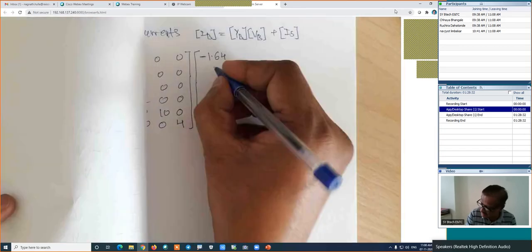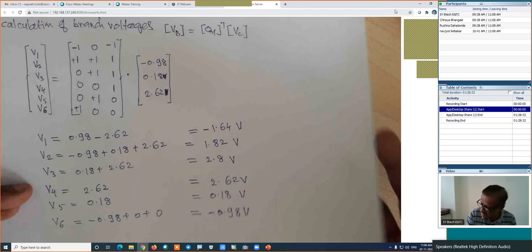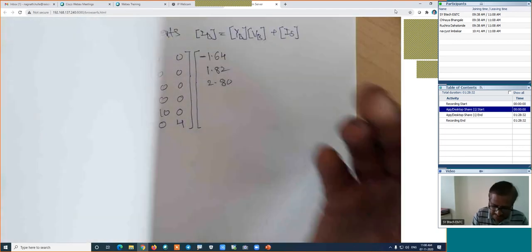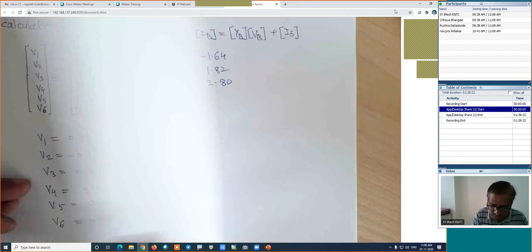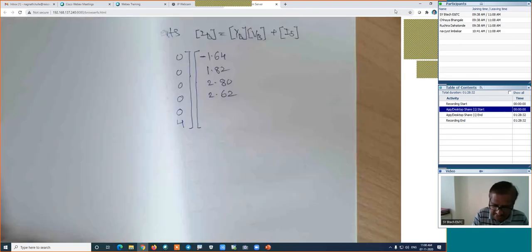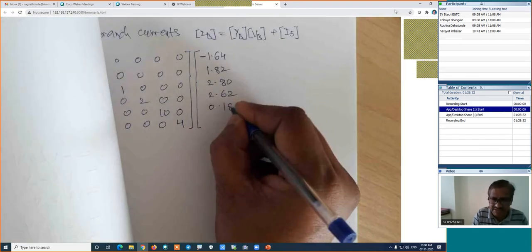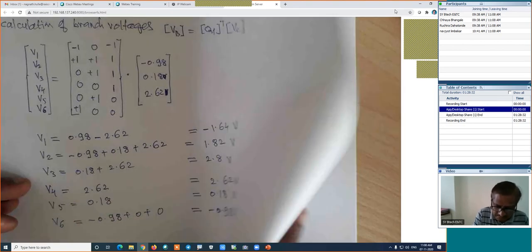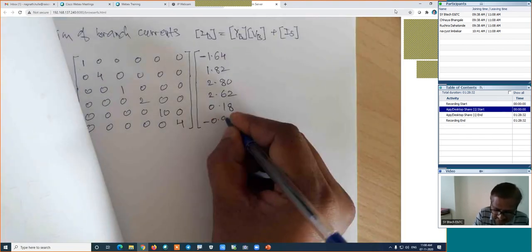What is the third value? 2.80. What is the next value? 2.62. What is the next value? 0.18. And what is the final value? It is minus 0.98 volt.